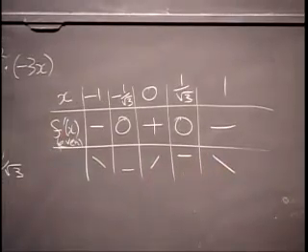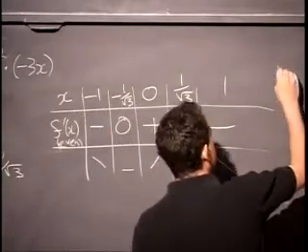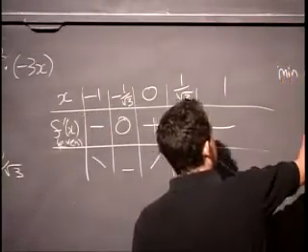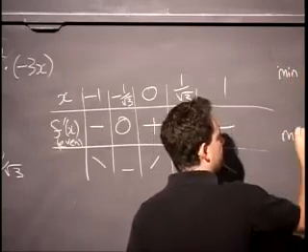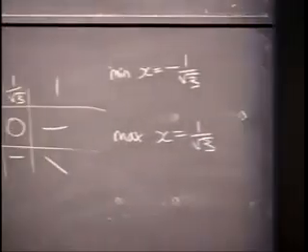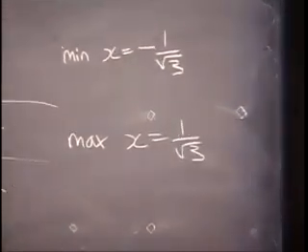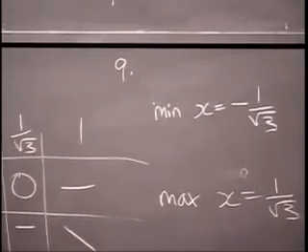And that's great. This is a minimum, so a minimum at x equals minus 1 over root 3, and a maximum at x equals 1 over root 3. Now, step 9, well, let's just do step 9 over here. Step 9 involves getting the y-coordinates of these things.